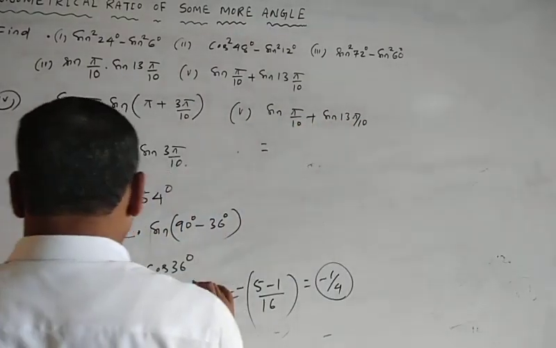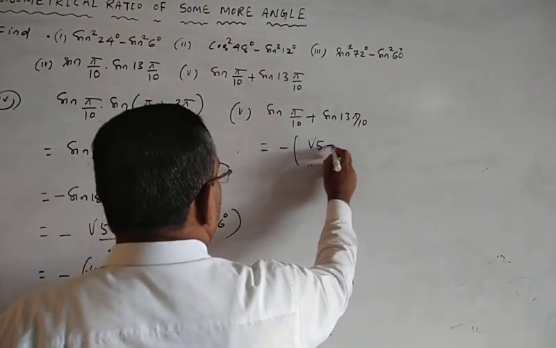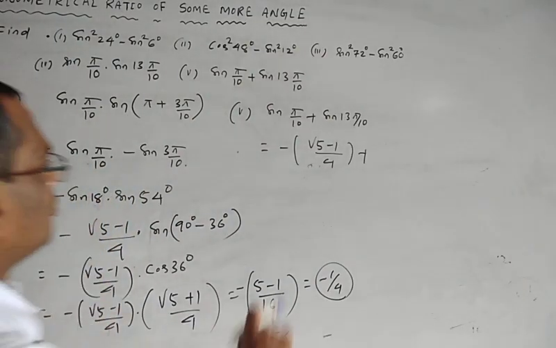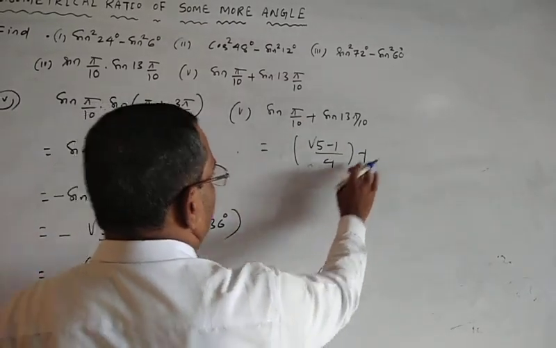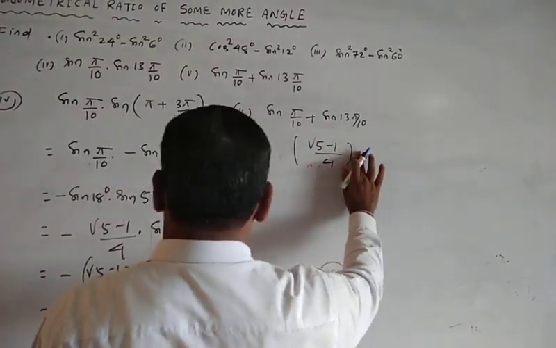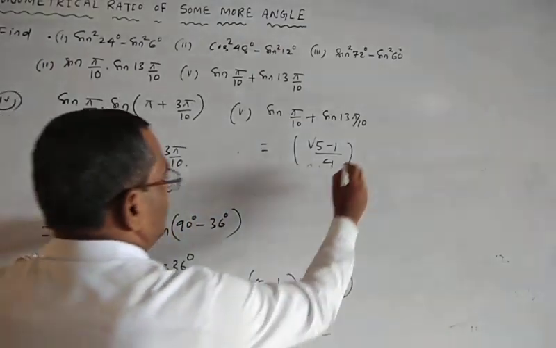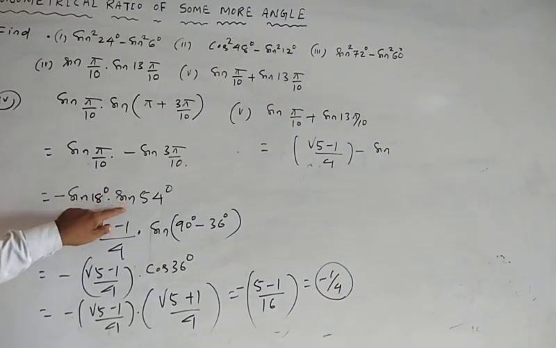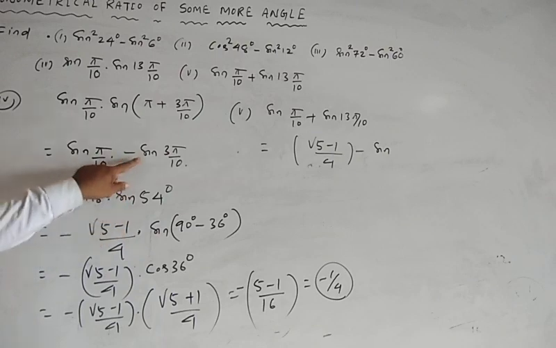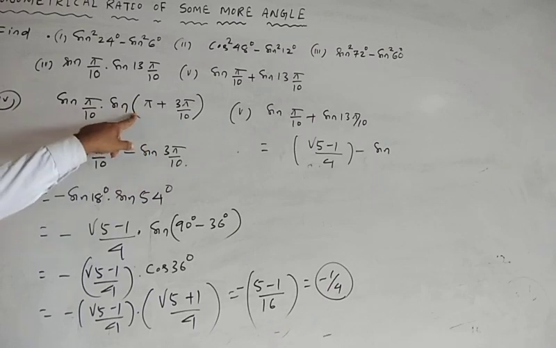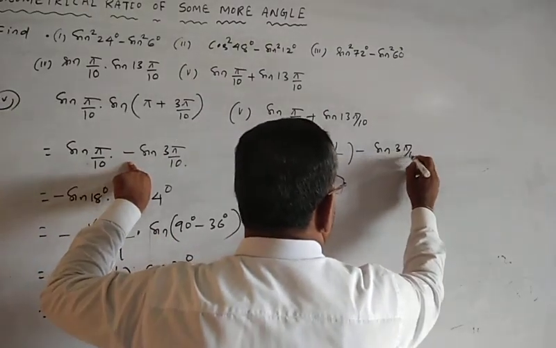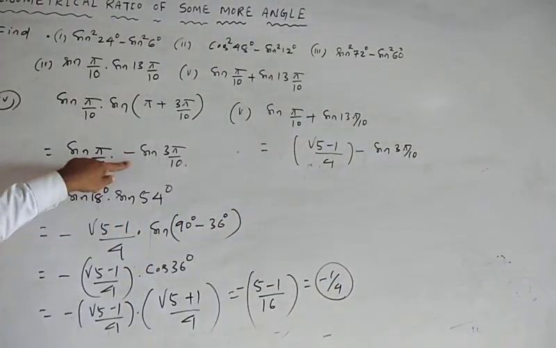So sin pi by 10 is equal to root 5 minus 1 by 4, and sin 13 pi by 10 is minus sin 3 pi by 10, which is minus sin 54 degree.